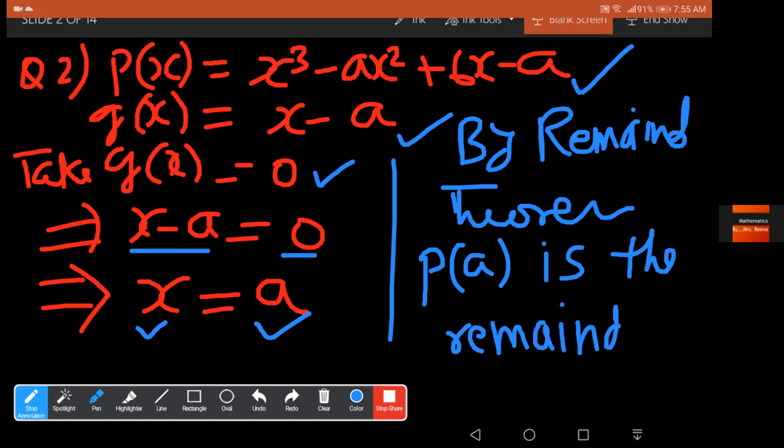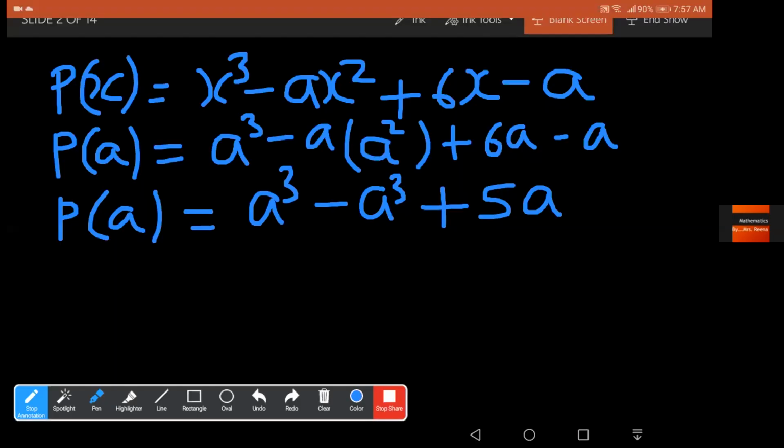Let us find out pa now. Okay, let us find pa. What do we have to put in place of x? Everywhere where we have x, we have to put a. So let us see. Here in this question we have a cube, minus a into a square plus 6a minus a.